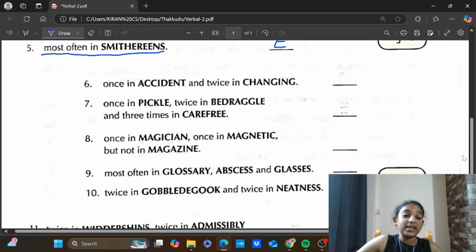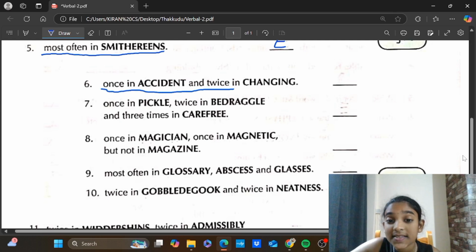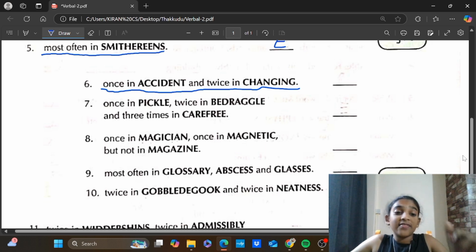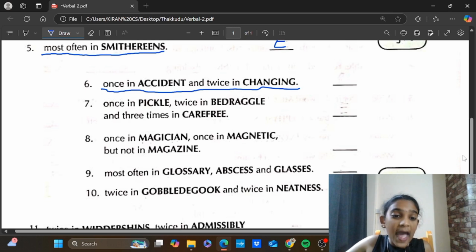The next question is once in this word and twice in this word. Okay, so in the first word, we need to find one letter that comes once. And then in the second word, we need to find one letter that comes twice. Okay? So A, it comes once. Does it come twice here? No, it doesn't. What about C?